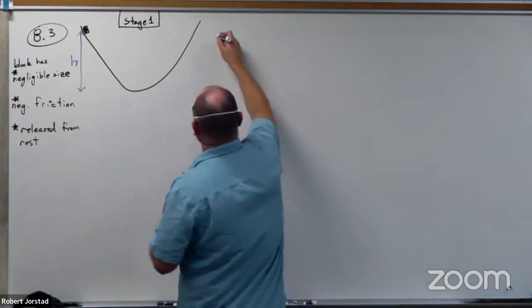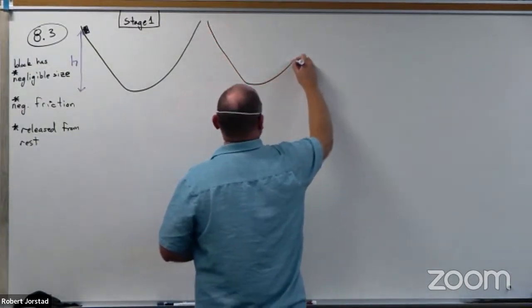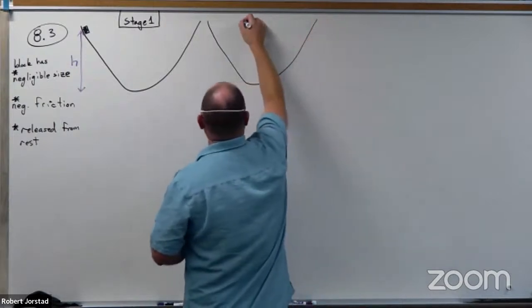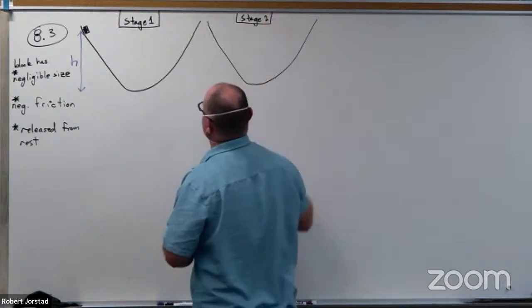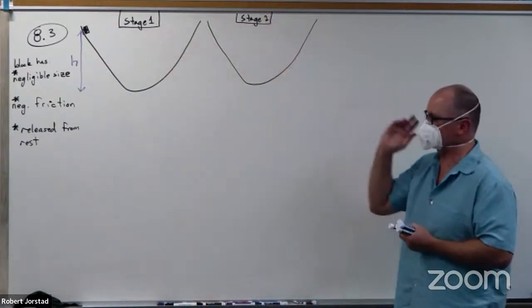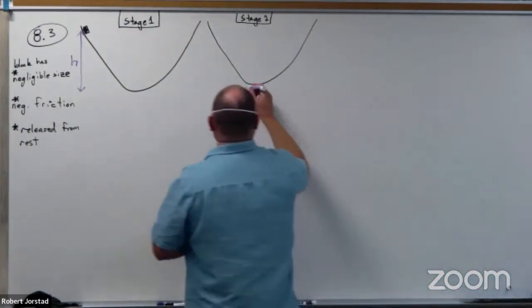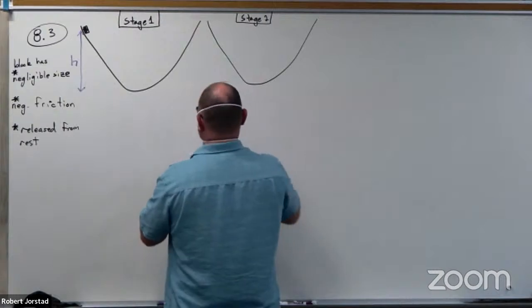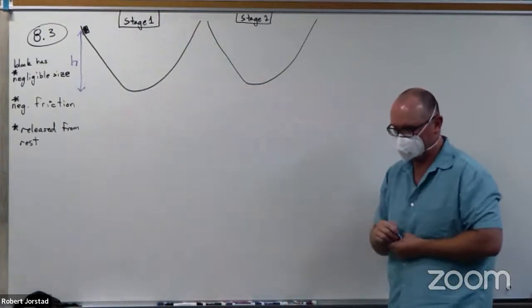I'm going to try and draw a separate picture right next to it, the same size, and call this stage 2 or after. You could call this before and after, but I like stage 1 and stage 2 for reasons that will become obvious later. Try and make this thing the same height. It's pretty close. All right.